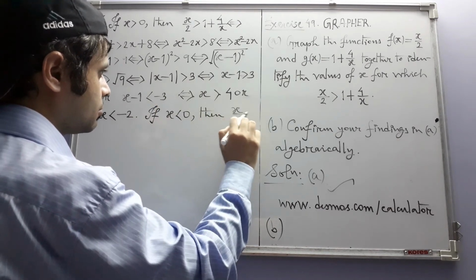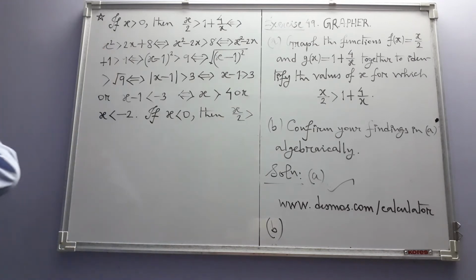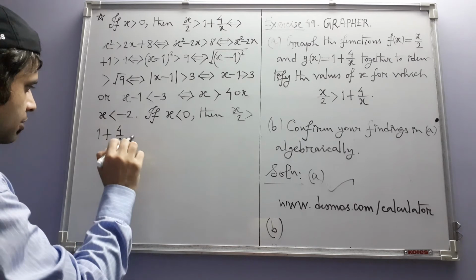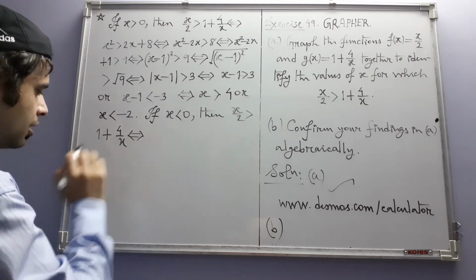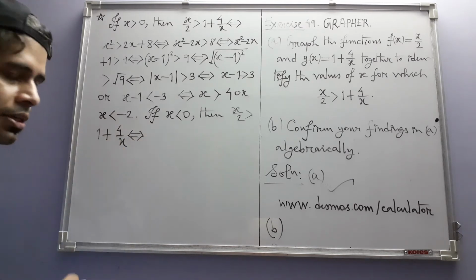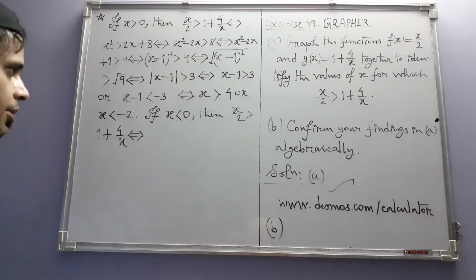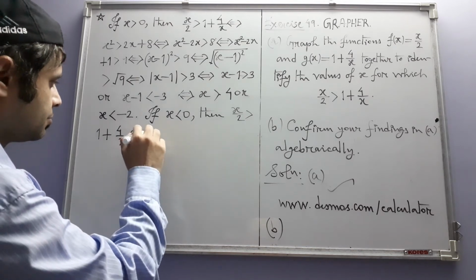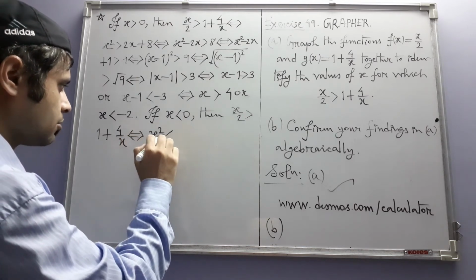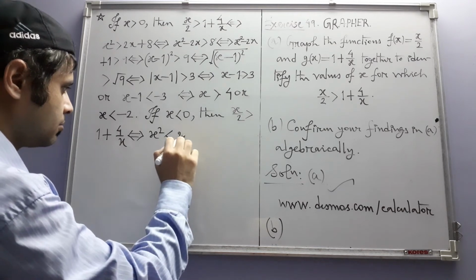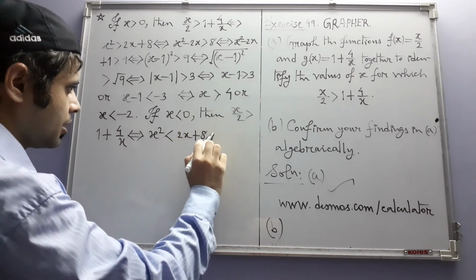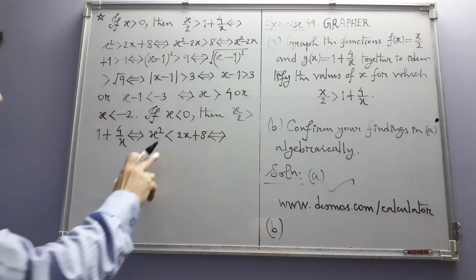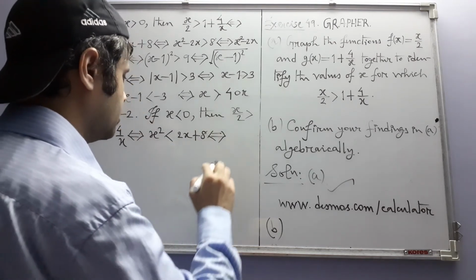then x by 2 greater than 1 plus 4 divided by x is equivalent to, now if we multiply both sides by 2x, we are now multiplying by a negative real number, so the inequality will be reversed. So x square is less than 2x plus 8. So it's almost like the previous case, only the inequality has a different direction.